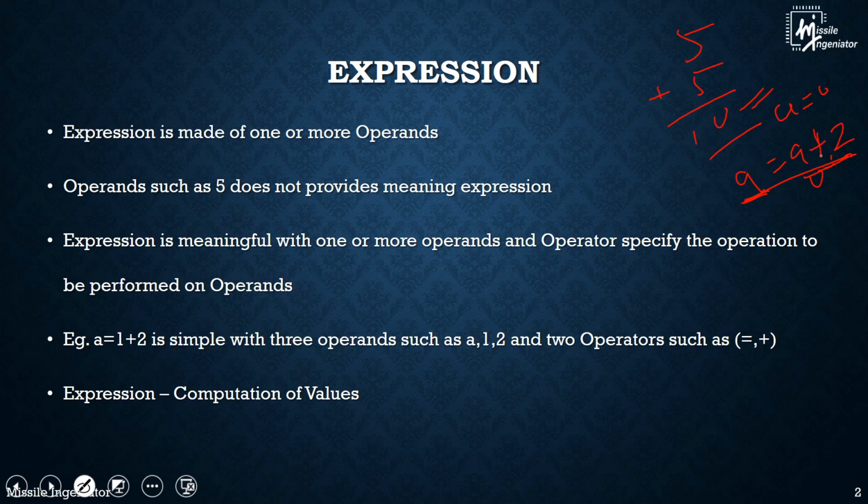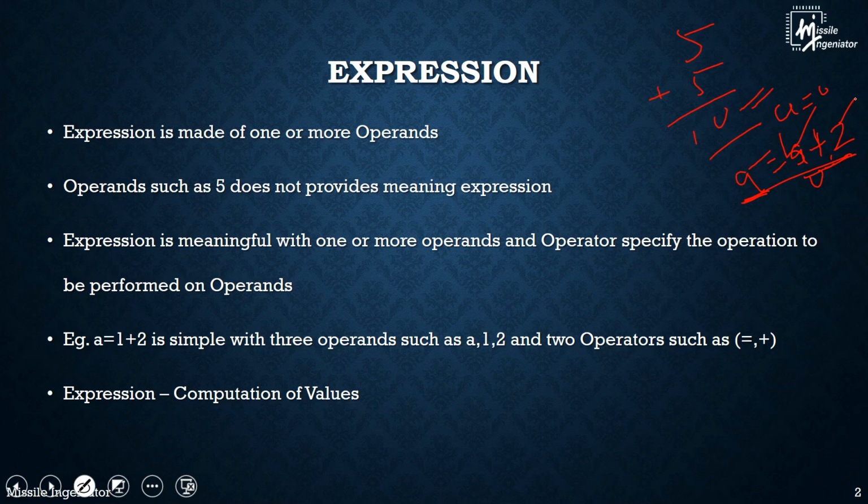In expressions you may have a number of operands. Here a is an operand, and suppose you also write b + 2, then b is an operand and 2 is an operand. For a meaningful expression you should have operands and operators such that they give a meaningful operation.